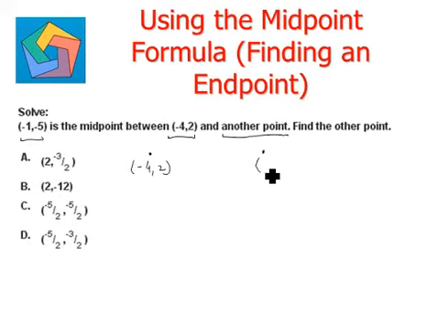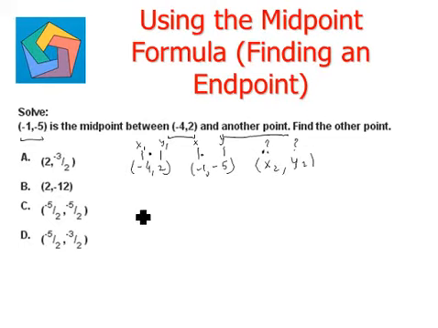Let the other endpoint be x2, y2, and the midpoint is in between, so that is -1, -5. So this is our x1, this is our y1, this is x, and this is y. So we have to find out x2 and y2.